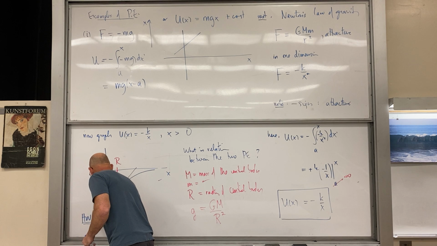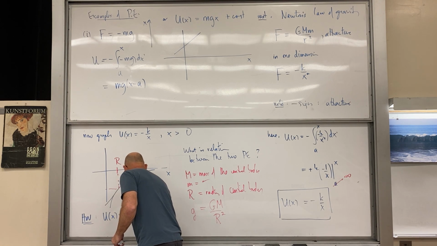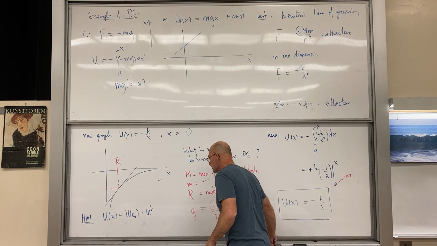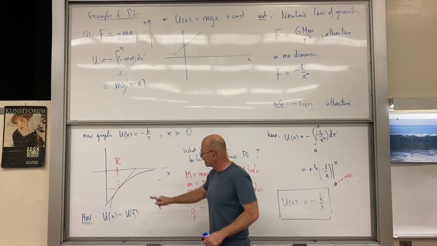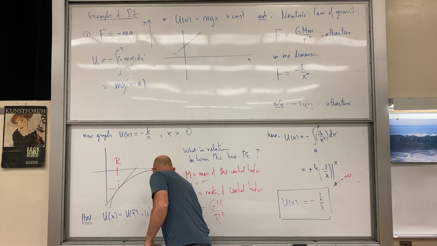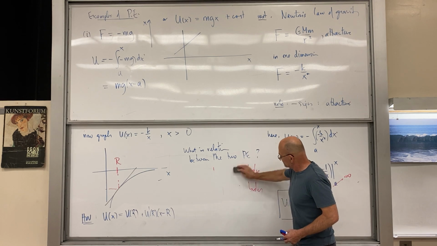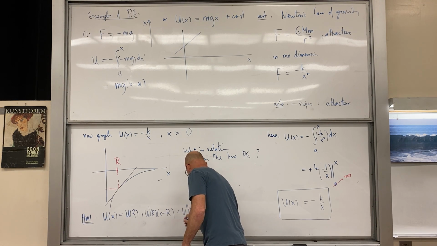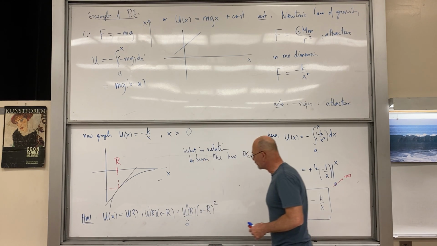You want to calculate U of x is equal to U of r, that's just a constant, plus U prime of r times x minus r, plus U double prime evaluated at r, times x minus r quantity squared over 2.